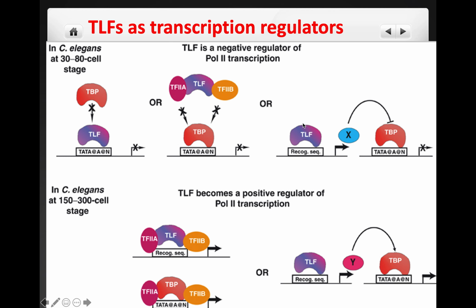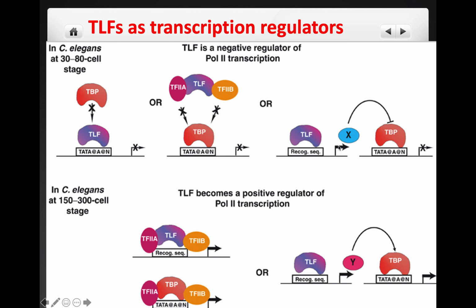There is also one unique condition, whereby you have a few other recognition sequences, for example, and you have your TBP already bound to the TATA box, so you know it's going to be ready for transcription initiation, but your TLF is kind of like what we say in Malay, kaca daun, basically playing havoc. It binds to the recognition sequence upstream or downstream.